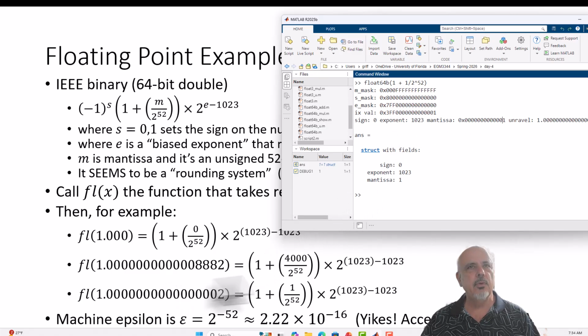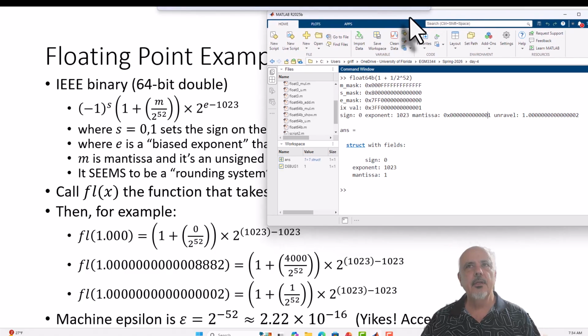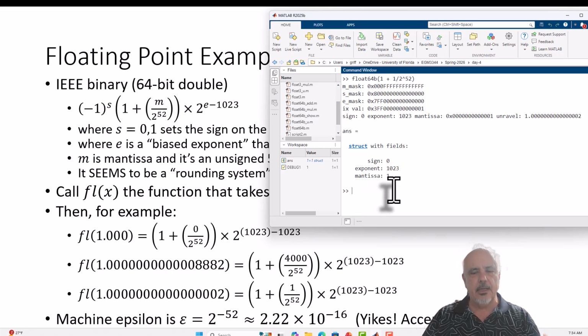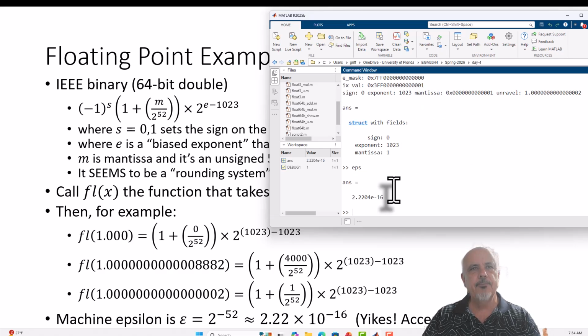And then when you unravel it, you end up with that 2 all the way over there. So this looks like, if I do EPS, there's a 2, that 2, I think, and that's 2 to the minus 16. So I'm going to clear command.